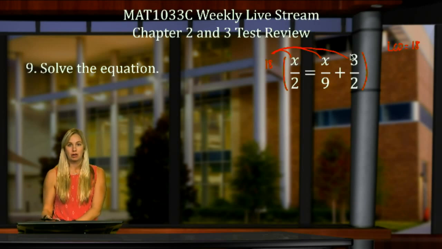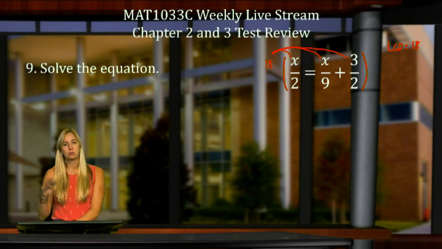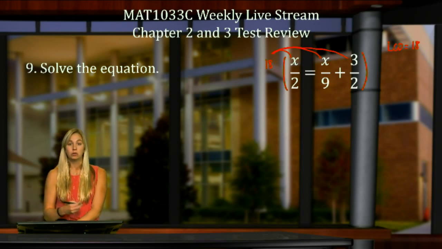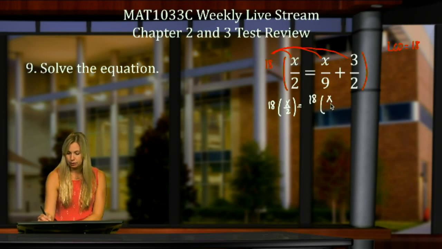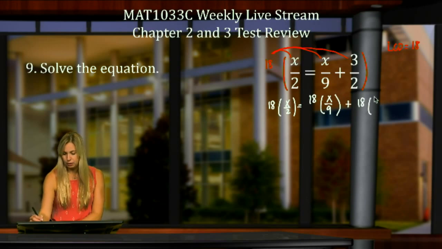In my next step, I'm actually going to show that distribution. That allows me to have individual terms that I can simplify one at a time. That way I don't get confused or miss a step. So we've got 18 times x over 2 equals 18 times x over 9 plus 18 times 3 over 2.